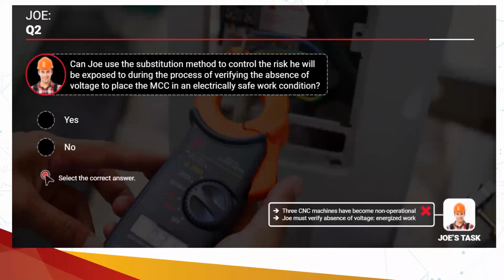Next one, can Joe use the substitution method to control the risk he will be exposed to during the process of verifying the absence of voltage to place the MCC in an electrically safe work condition?